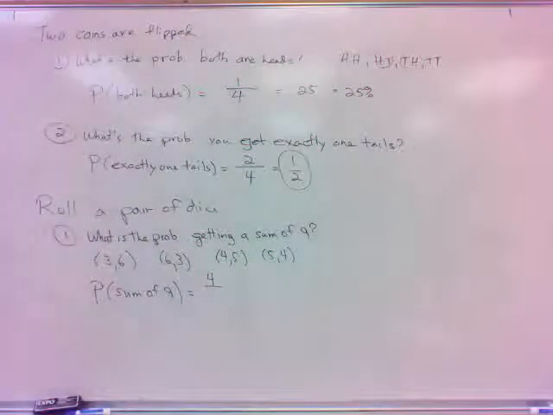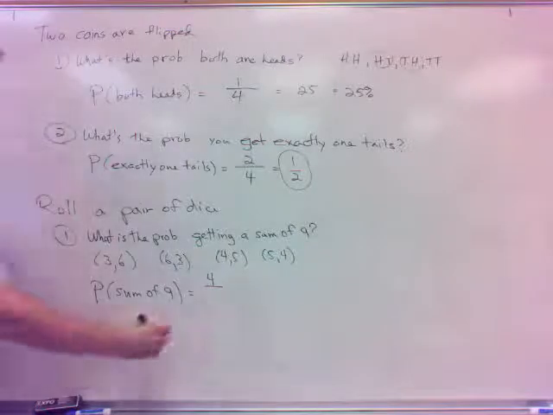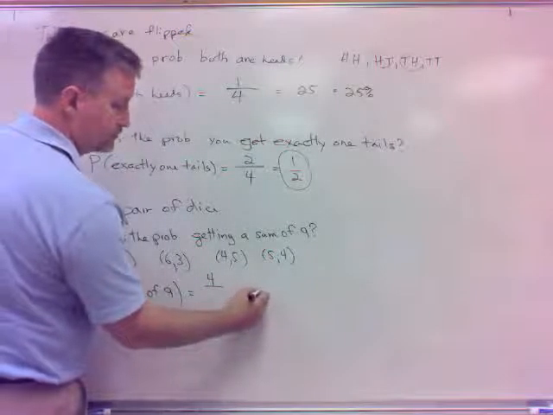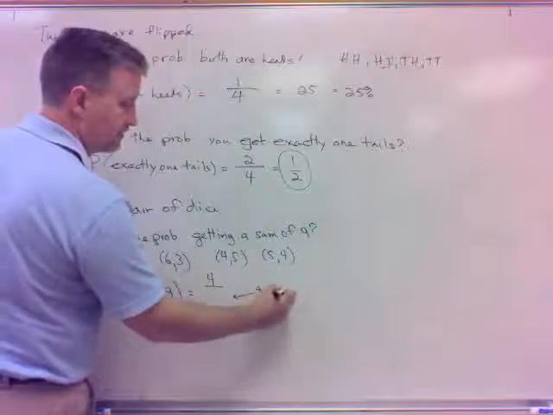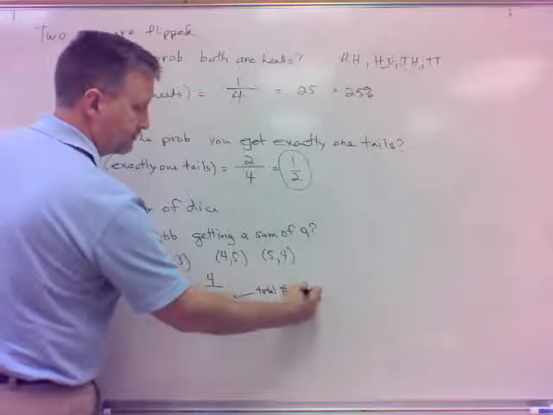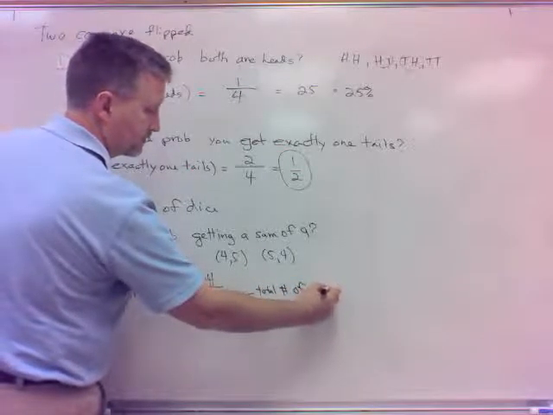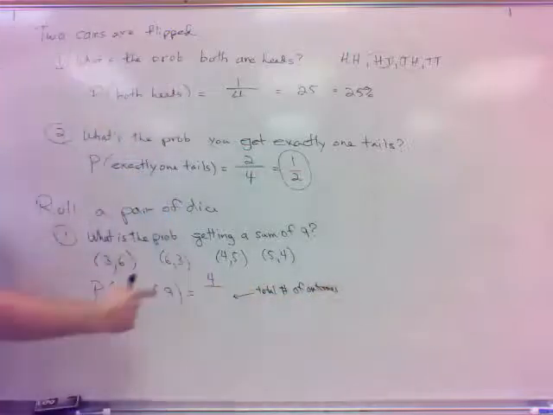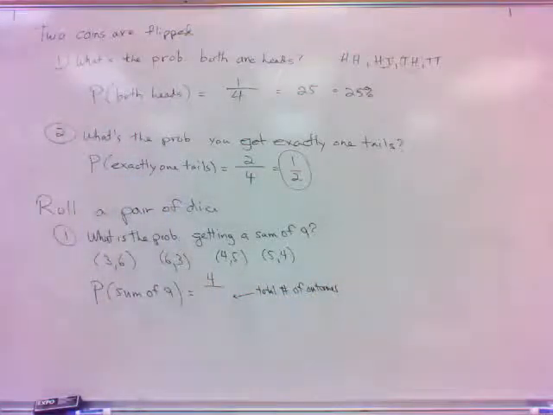What do we divide it by? The total number of outcomes. The one on top is how many successes there are. Now we want to know, if I listed all of them out, how many of them are there? Well, we did that too.